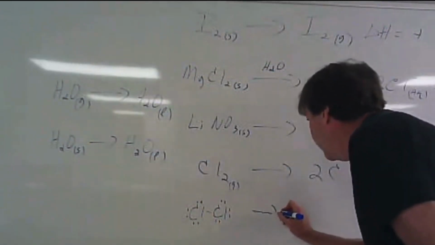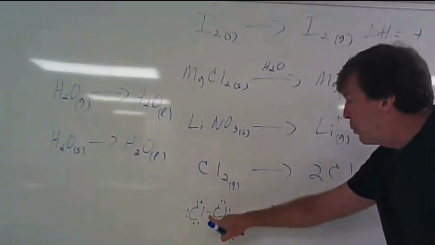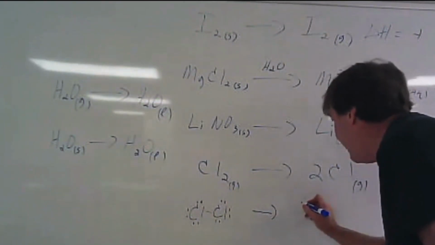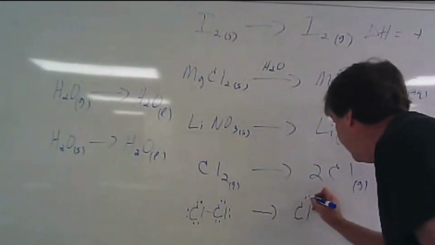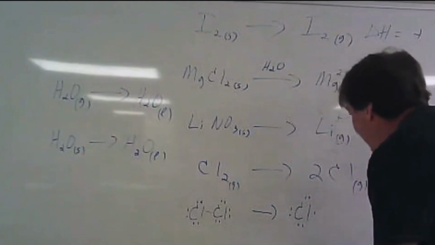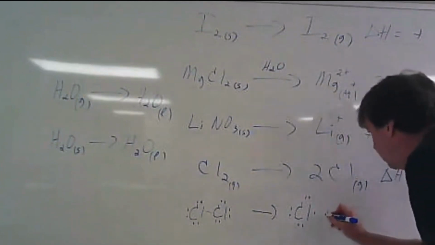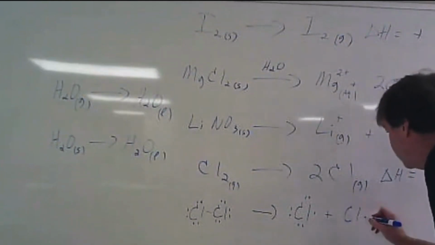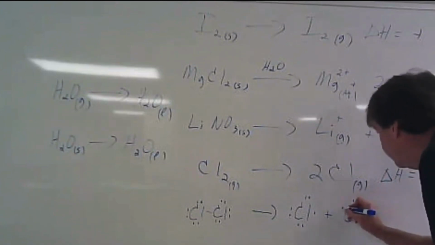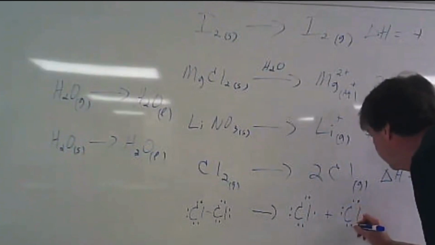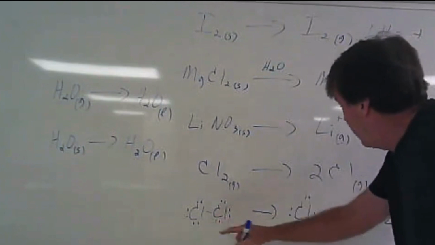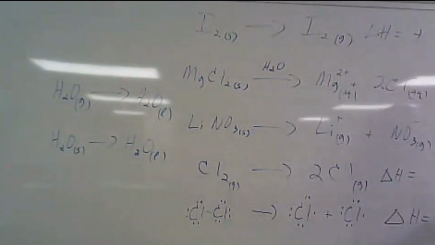So we're going to have to add energy to break that covalent bond. And then notice what we'd have: Cl, and there's our lone pairs. Now we've separated this, so now we've got 2 Cl atoms. The enthalpy change when we break that bond is going to be endothermic.